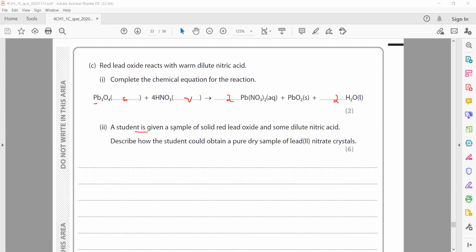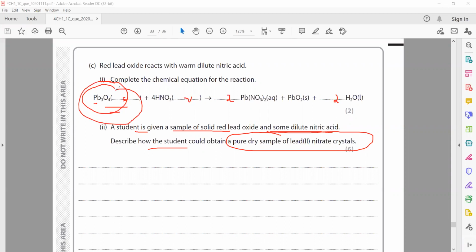And the last part: the student is given a sample of solid red lead oxide and some dilute nitric acid. How could the student obtain a pure dry sample of lead 2 nitrate? So in this case, we will add excess lead oxide to nitric acid, but we will have two solids, unreacted red lead oxide and lead oxide as well.